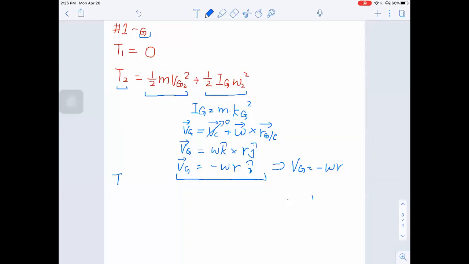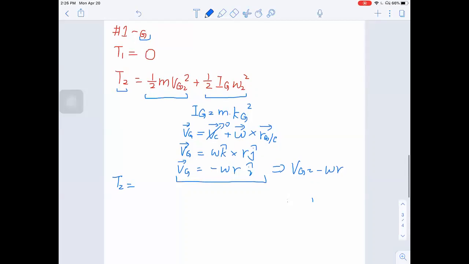Okay, so T2 equals 1/2 m, and we can replace Vg2 with negative omega r, so negative r omega 2 squared, plus 1/2 m kg squared omega 2 squared.